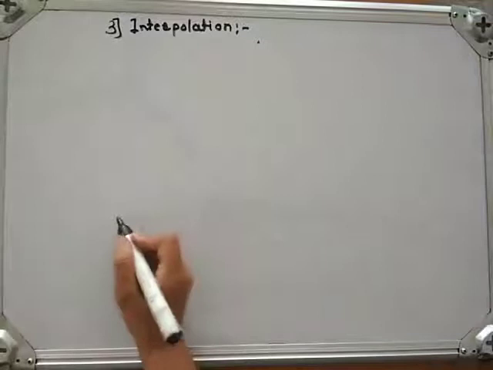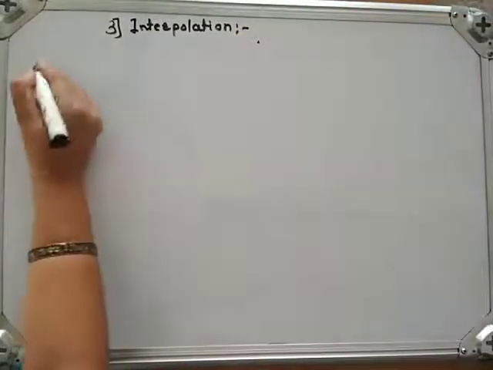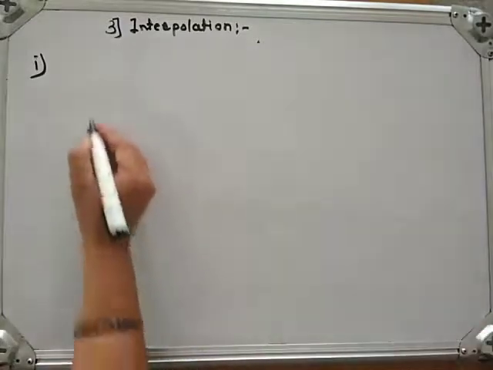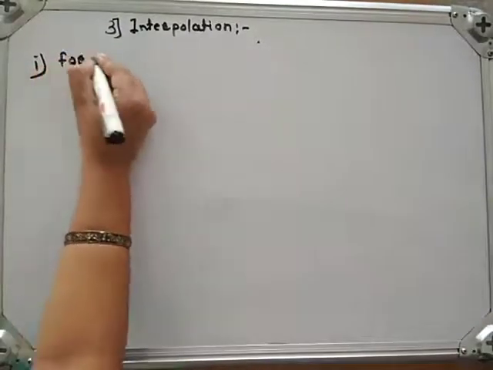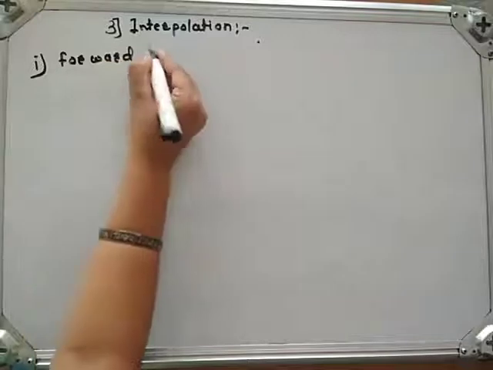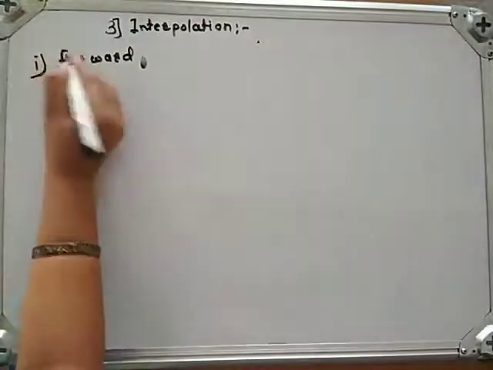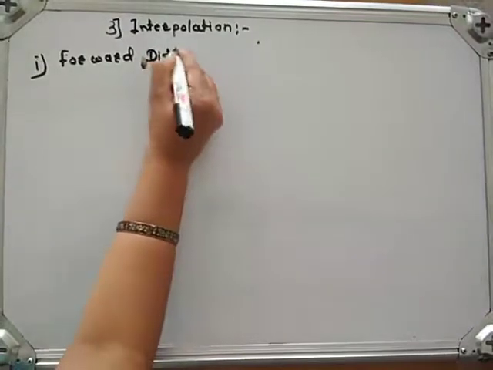First type of finite differences is forward differences.